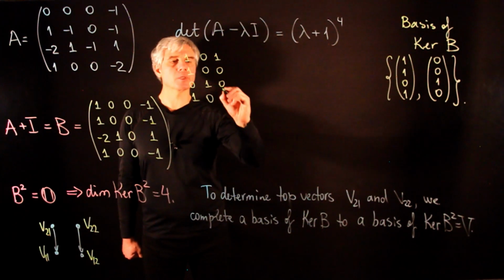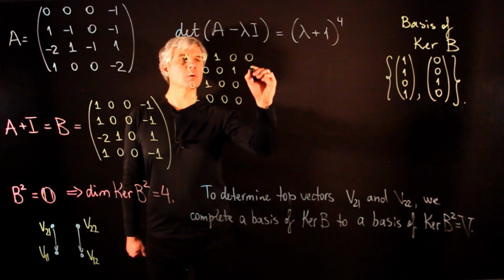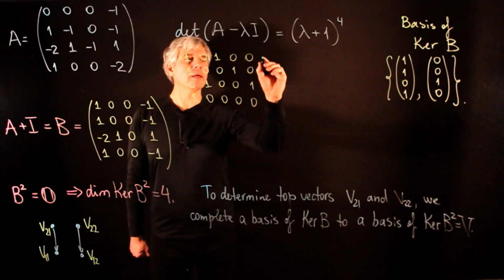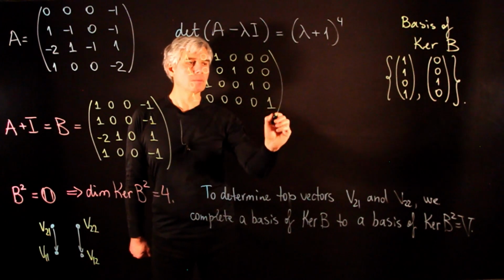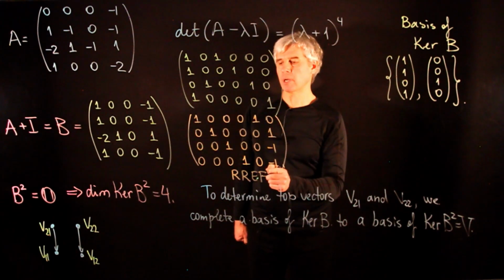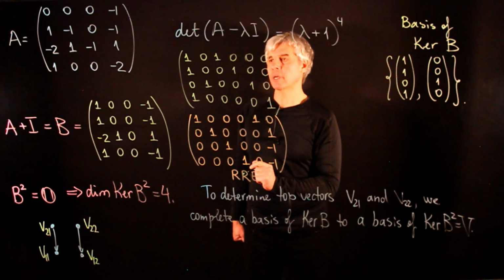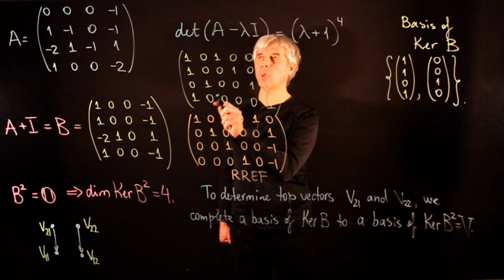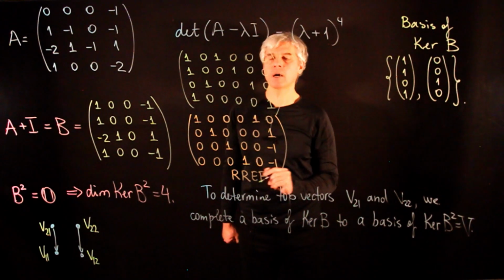So we have 1, 0, 0, 0, 0, 1, 0, 0, 0, 0, 1, 0, and 0, 0, 0, 1. We can easily compute the reduced row echelon form of this matrix and see that we have pivots in the first four columns. So this means that the first 4 columns of this matrix will form a basis of R4.